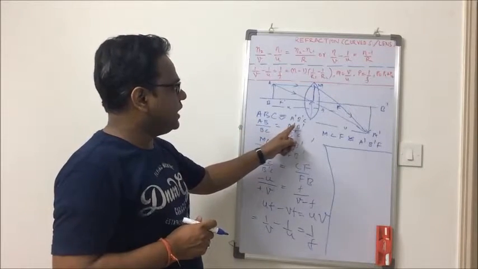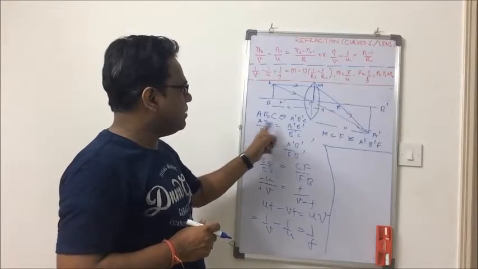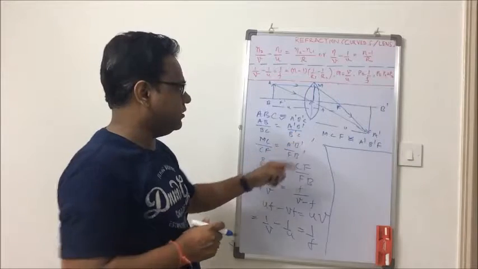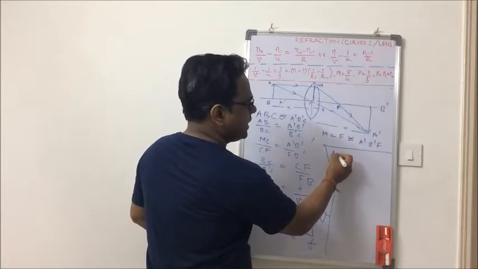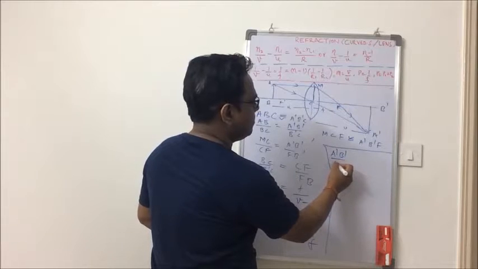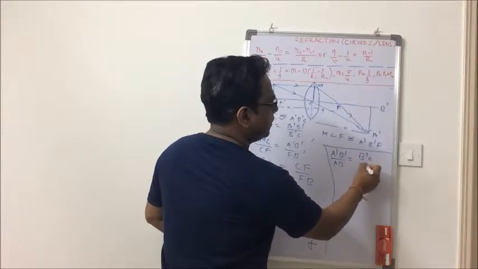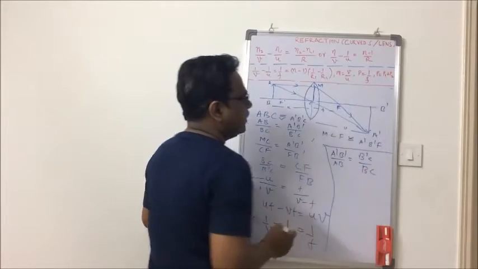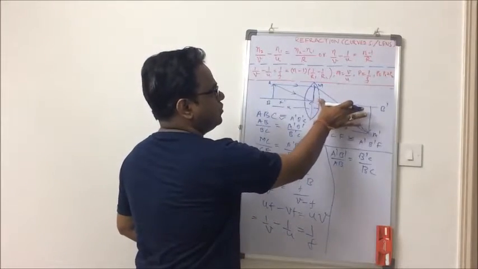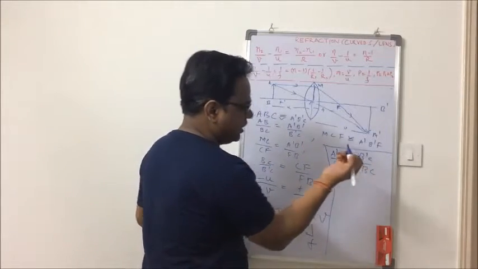If you bring A'B' here and AB to the denominator, then A'B' divided by AB becomes B'C divided by BC. B'C is nothing but V, and BC is nothing but U, right? And that's what we wanted.